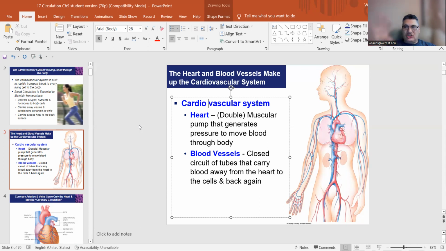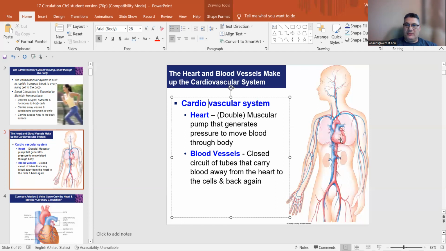Blood doesn't leave this circuit. You go from the heart to the arteries, to the arterioles, to the capillaries, to the cells. You give the cells what they need and take what they don't need. And then you return the opposite way, venules, veins, back to the heart. So it doesn't leave this closed circuit. That's why we say it's a closed circuit.